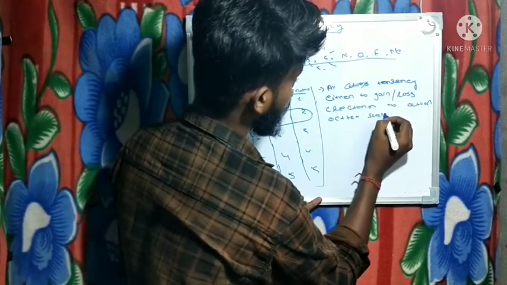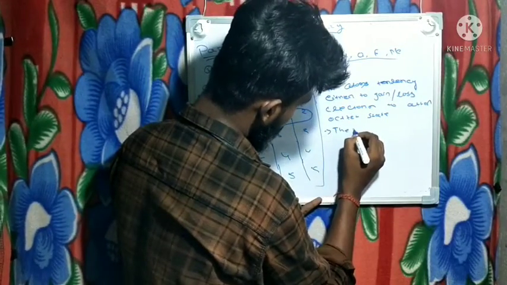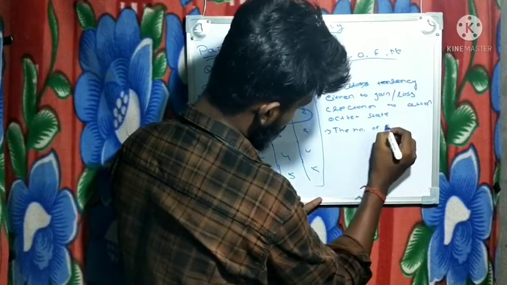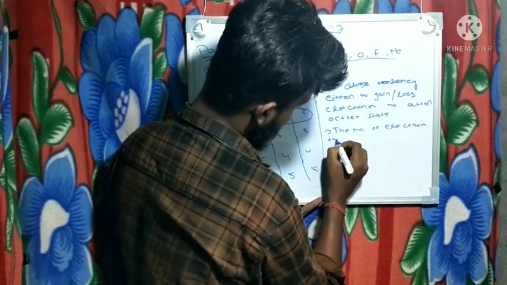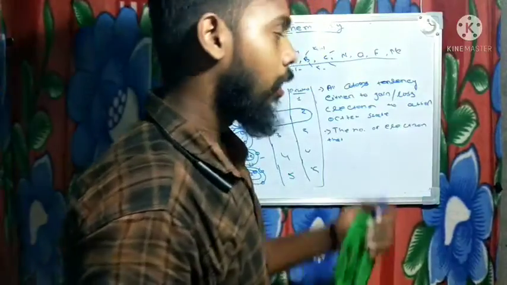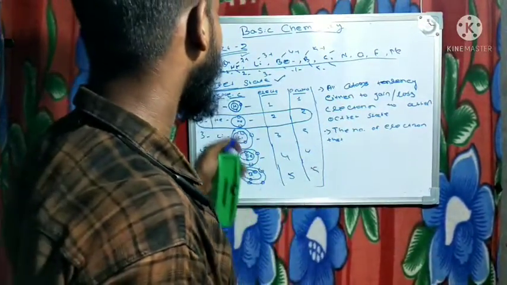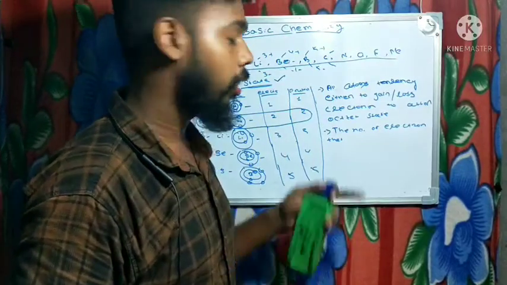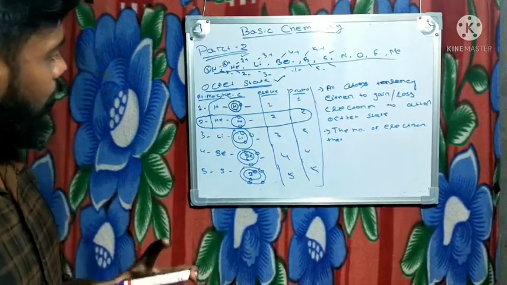This is most important. That means the number of electrons that the atom should lose or gain is known as the valency of that atom. Okay.